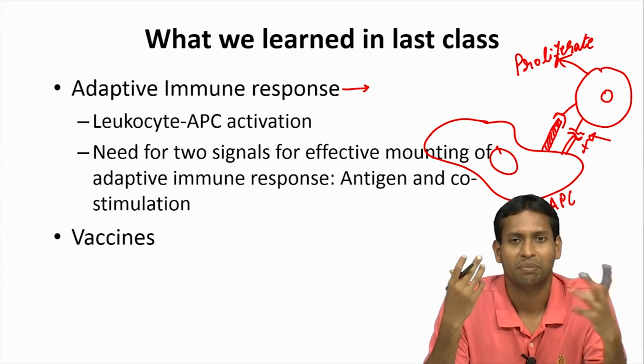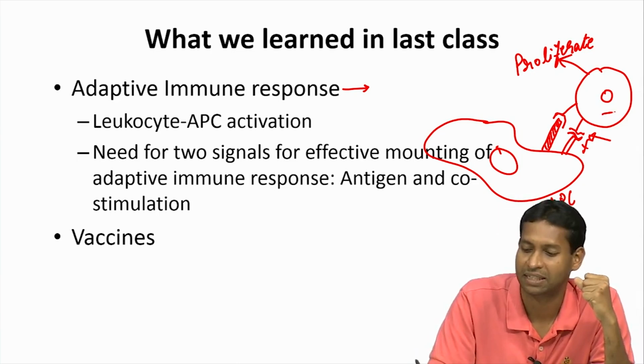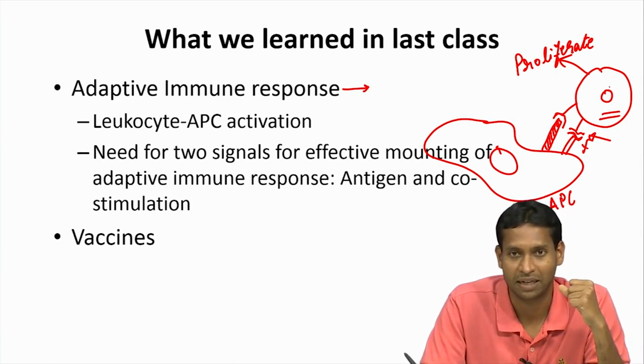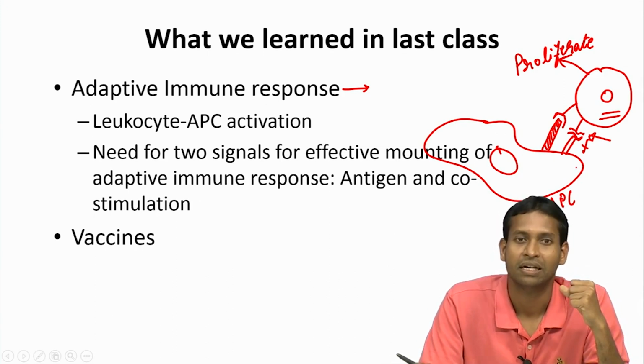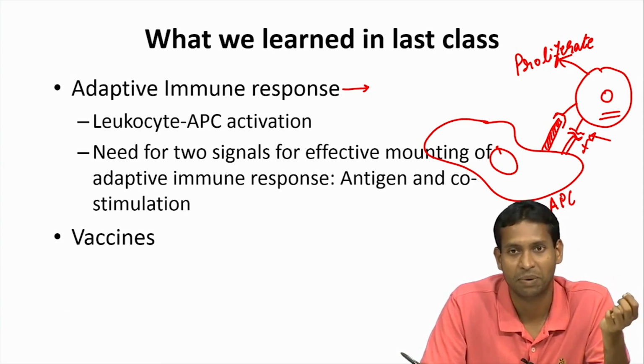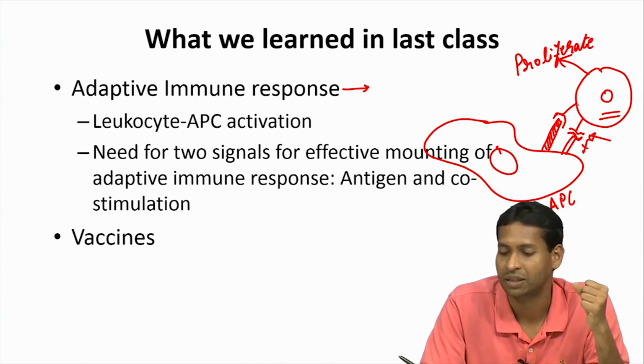It creates a memory bank of these effector cells, leukocytes and all, which can be called upon very quickly, so that when the threat actually arrives, the body is already prepared for it. It has clones of these cells ready to fight that particular pathogen or condition.